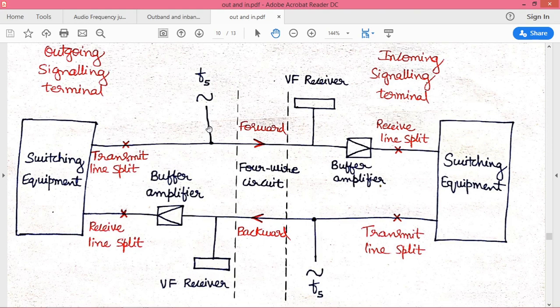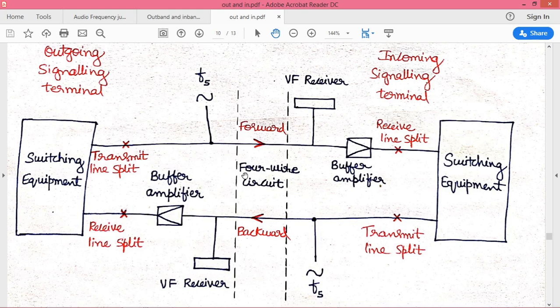Once we add that control signal to our carrier as well as speech signal, please note we are dealing with an FDM carrier system. The combined signal will be transferred from one exchange to another exchange via this 4-wire circuit.